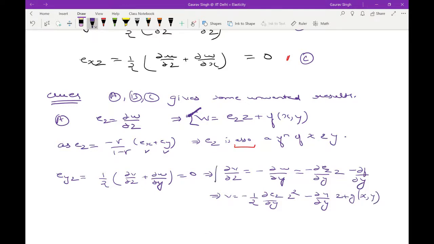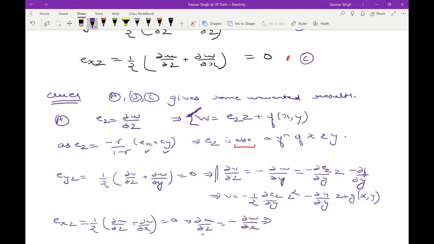an indefinite integration. Similarly εxz is equal to half of ∂u/∂z plus ∂w/∂x equal to 0. This would mean that ∂u/∂z is equal to minus ∂w/∂x.